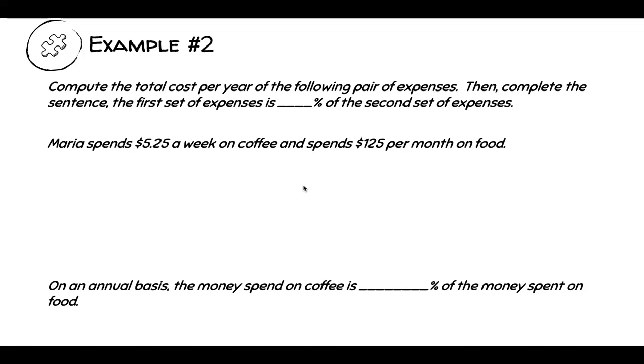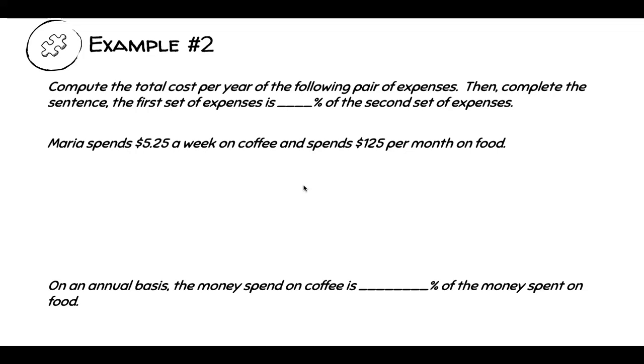And then we go to food. For food, we have $125 every month. We know there are 12 months in 1 year. Our month units would cancel out. We multiply $125 times 12, and it turns out Maria spends $1,500 a year on food.